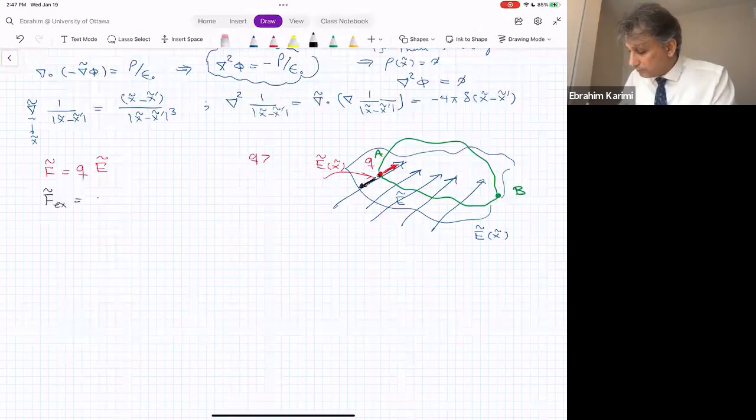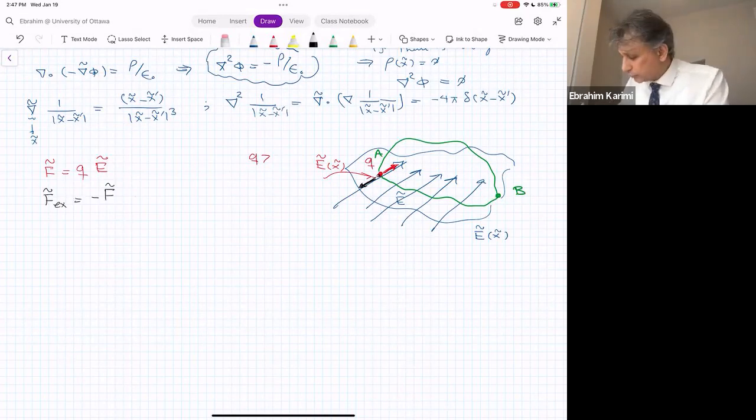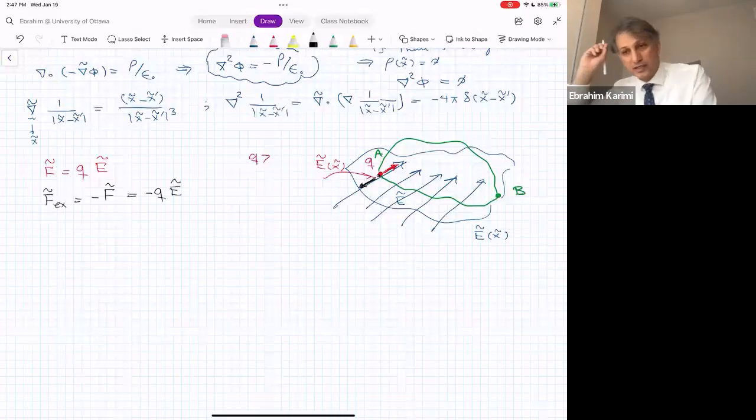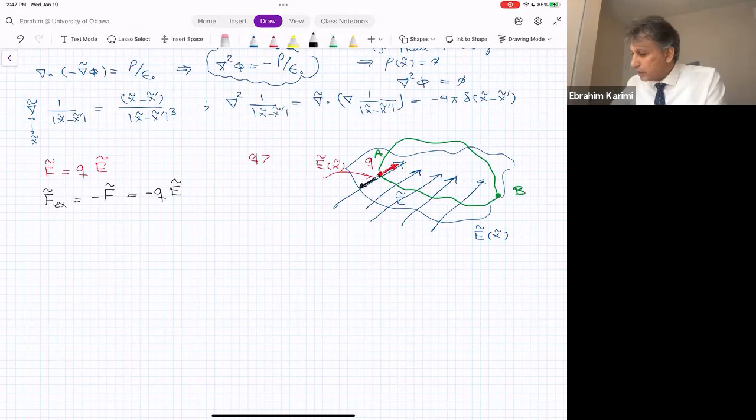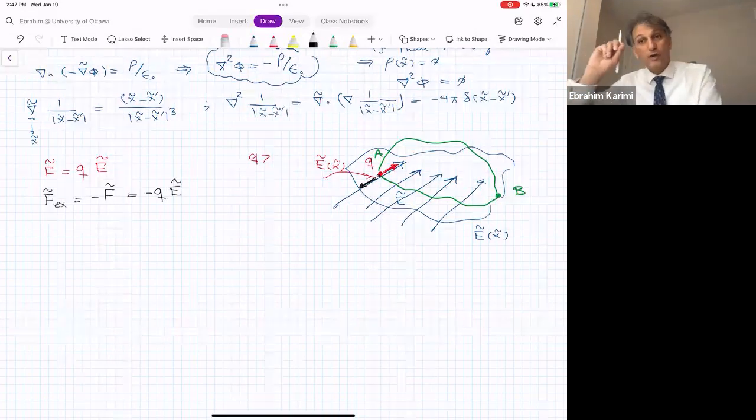It will be minus the force it receives from electrostatics, which is minus QE. With this force, I keep the particle in the same place. Then I can slowly move it along the green curve from position A to position B, without any acceleration.